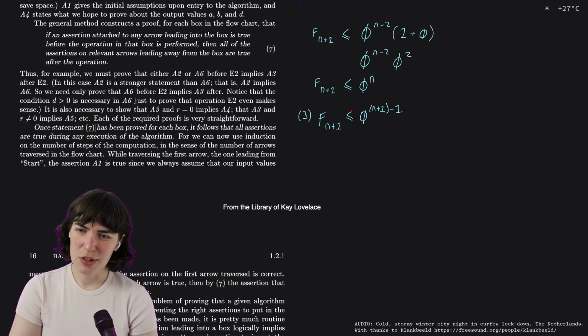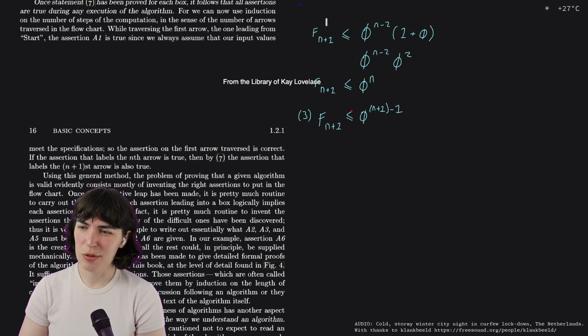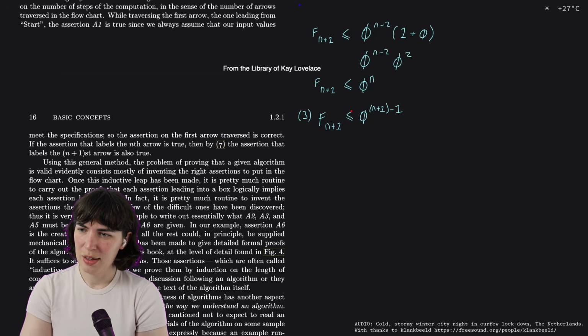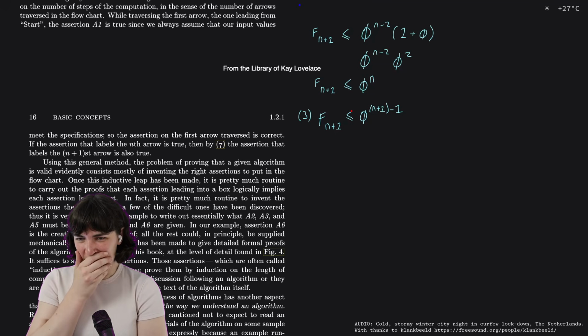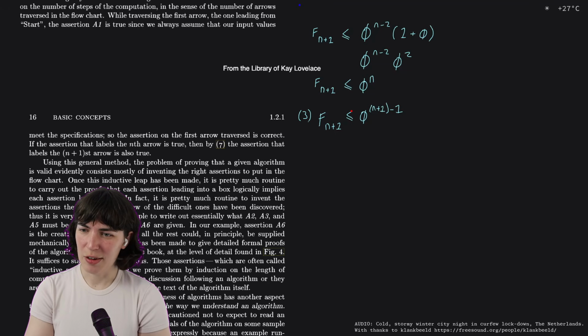When traversing the first arrow, the one leading from start, the assertion A1 is true, since we always assume that our input values meet the specifications. So the assertion on the first arrow traversed is correct. If the assertion that labels the nth arrow is true, then by 7, the assertion that labels the n plus 1st arrow is also true.